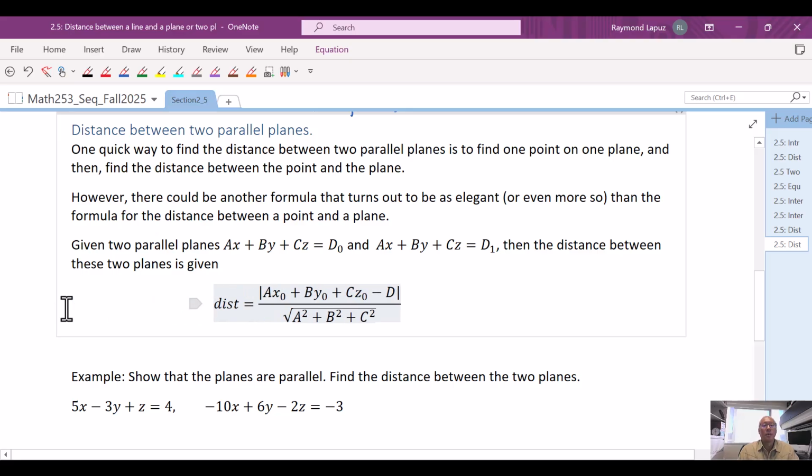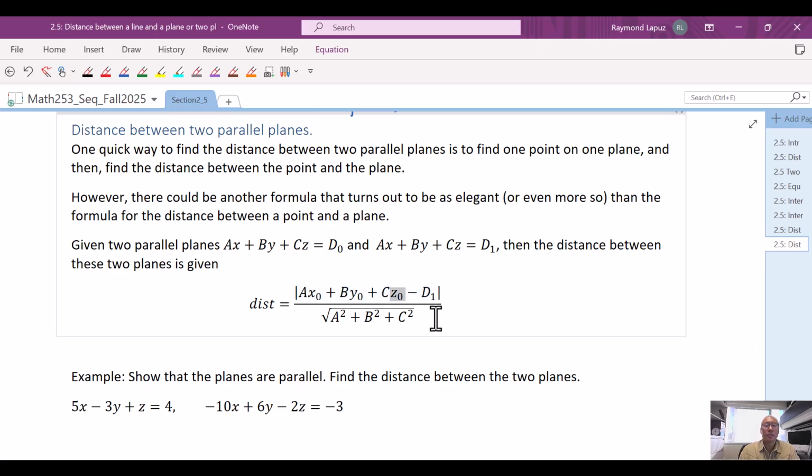So what I was trying to say in this scenario is that this is going to be D1 based on our second graph, but then this dot product of the normal vector and the point on the first plane is actually going to give us D sub 0. So now we have an even simpler formula for the distance between two planes.